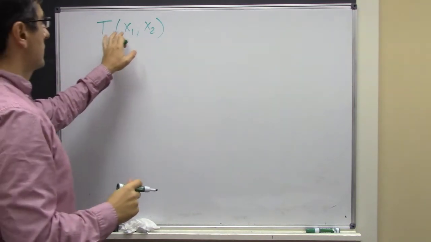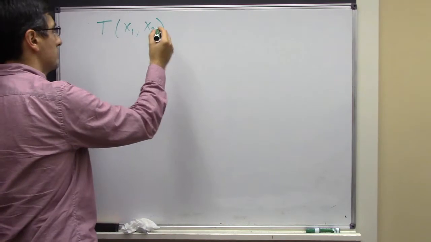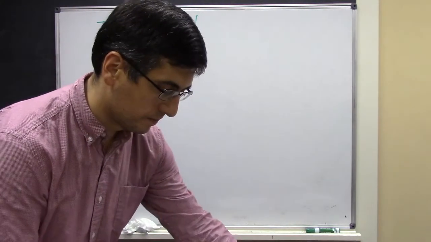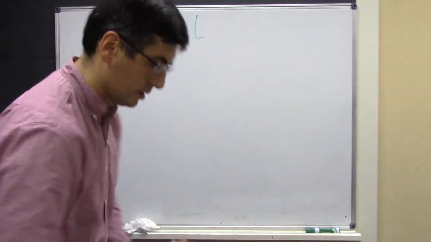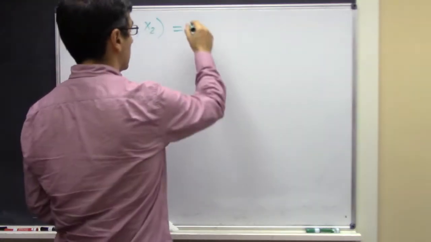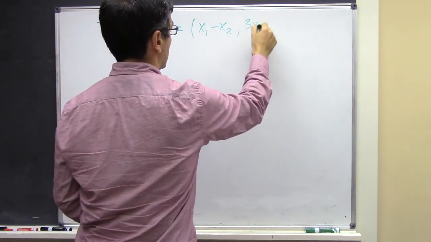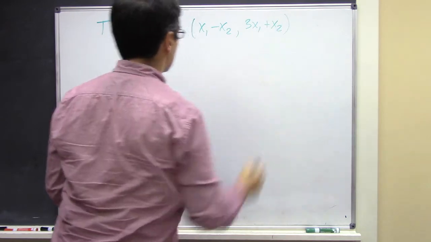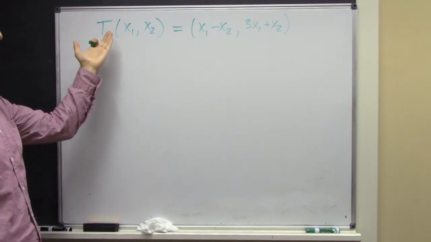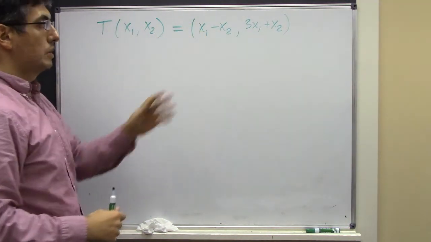So you're given that T(x1, x2) is equal to, say, the vector (x1 minus x2, 3x1 plus x2). It's just more convenient to write transformations as functions because it takes just one line instead of writing in columns.